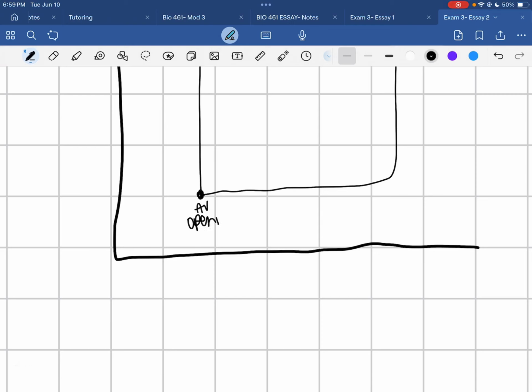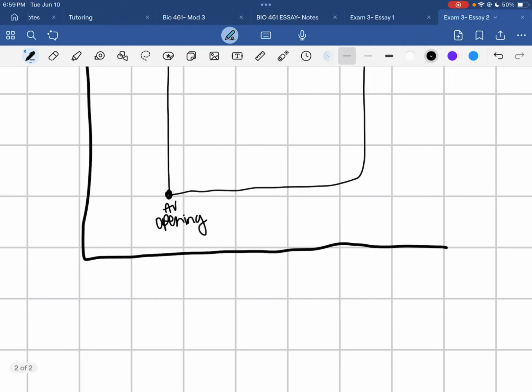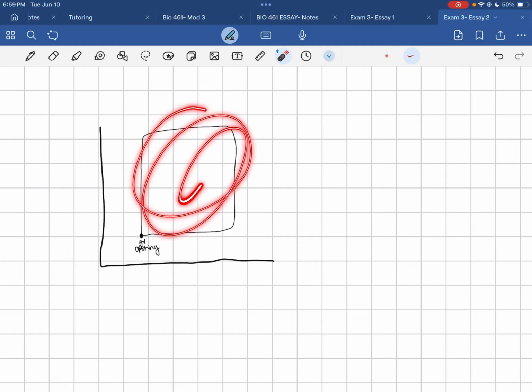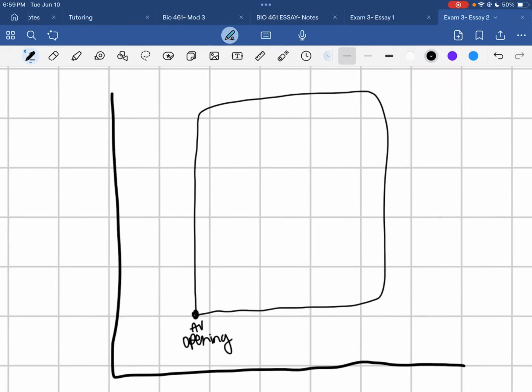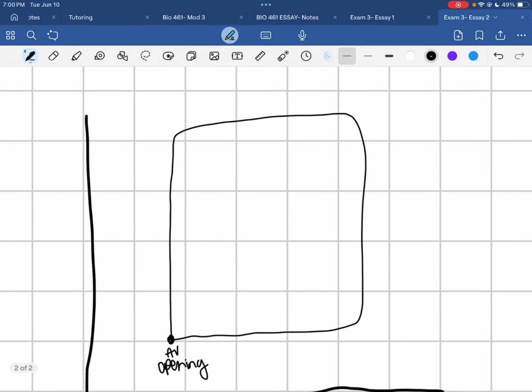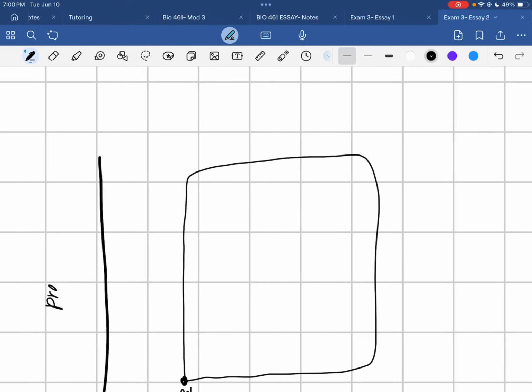In order to let blood in, we have our AV valve right here at this point. It's opening, so we have a cascade of blood coming into the ventricle.